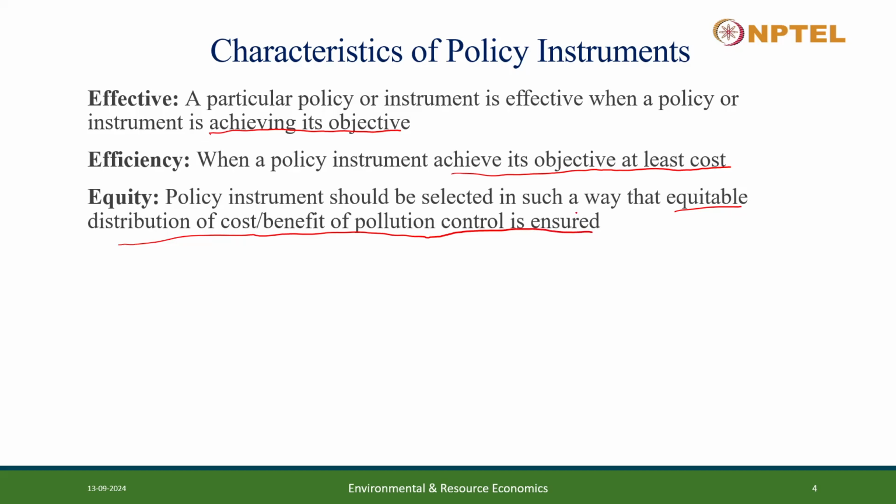So if a firm incurs the cost of pollution control, then all firms have to incur this cost. It should not be a burden on certain firms or certain sectors of firms, right? Or the benefit because of pollution control should be equally distributed among the beneficiaries. So that is the characteristic.